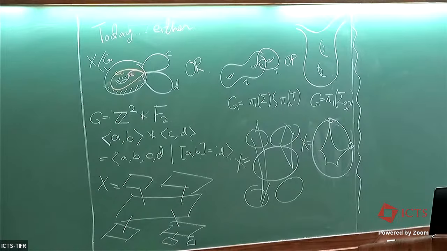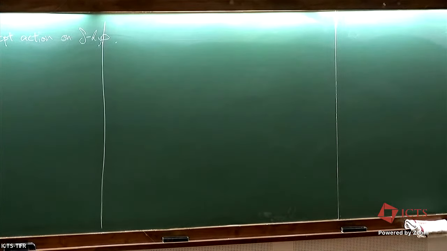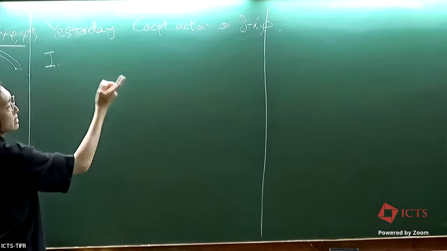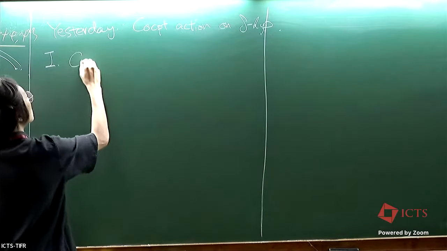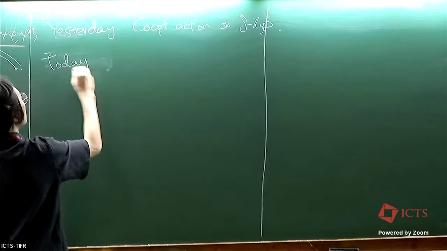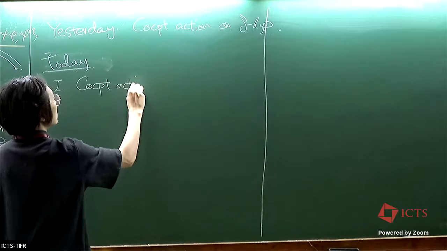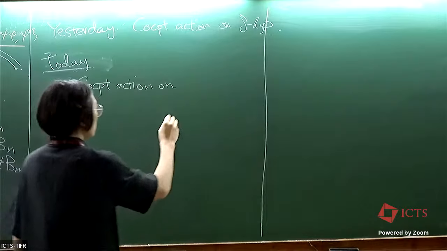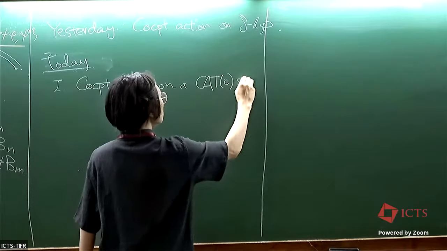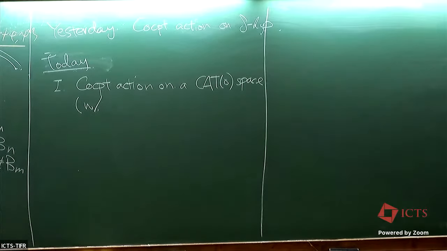Let's try to go through these three steps. First, it's a co-compact action, like for the first two examples, on a CAT(0) space, but with some hyperbolicity.